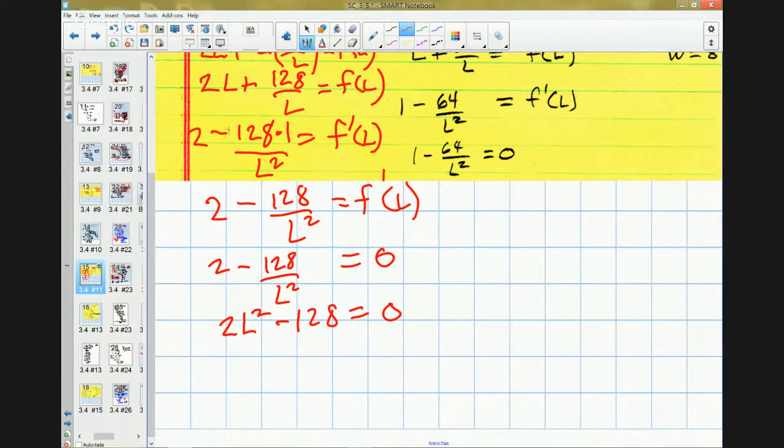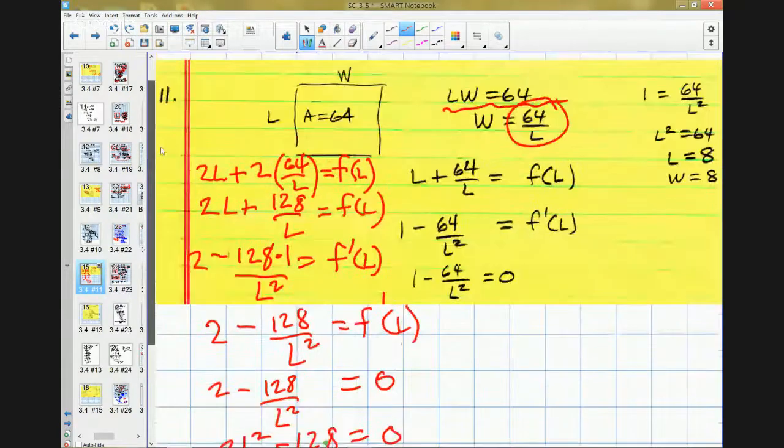Everybody get that? If I multiply the whole equation through by L squared, that'll be 2L squared minus 128, the L squareds cancel there, equals 0. And now we can just do the algebra, get 128 on the other side, divide both sides by 2. So the length is 8.